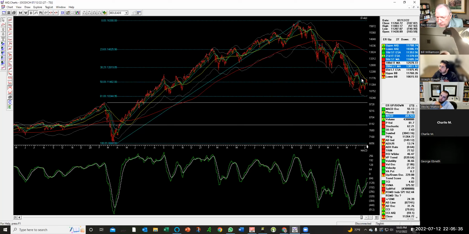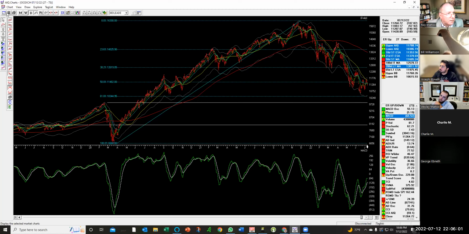As a trader, I would probably buy the stocks that I've talked about before as potential leaders, but these are purely trading calls because I just don't think it's over in terms of the valuation adjustments and what needs to happen from Wall Street's perspective. But there's your downside right there.